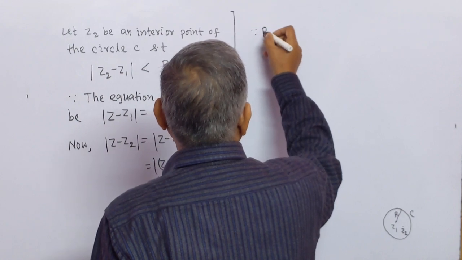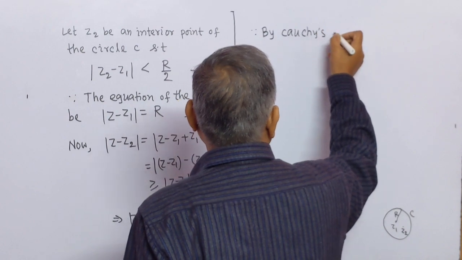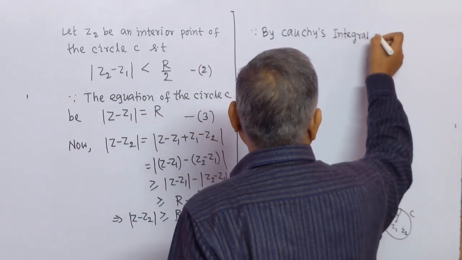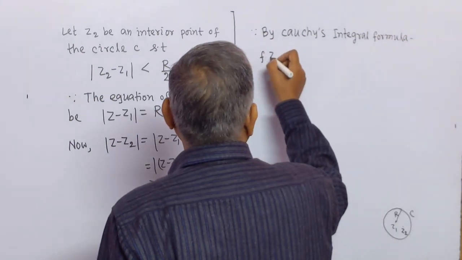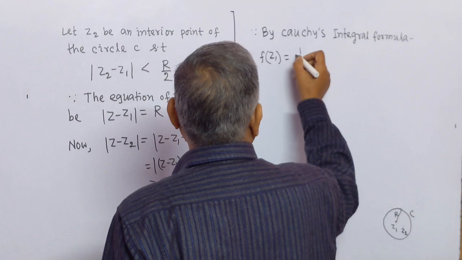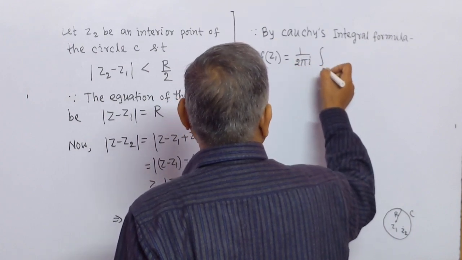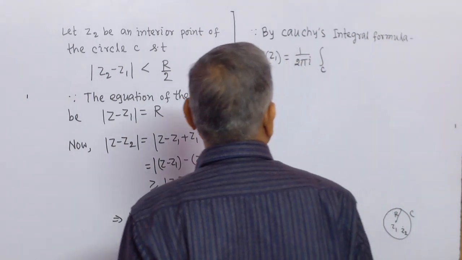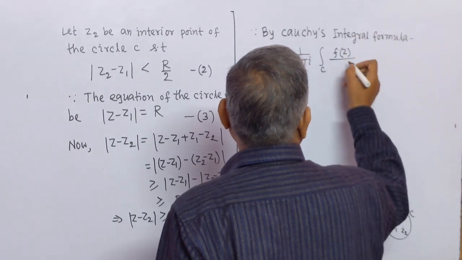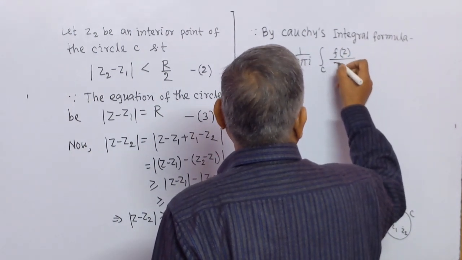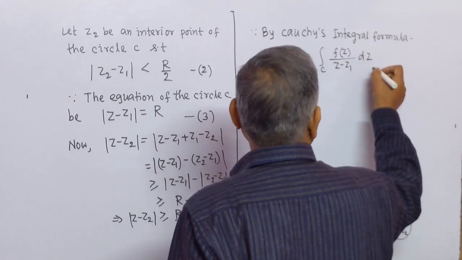Since by Cauchy's integral formula, f(z1) equals 1 by 2 pi i integration along the circle C, f(z) by z minus z1 dz. This is number 5.